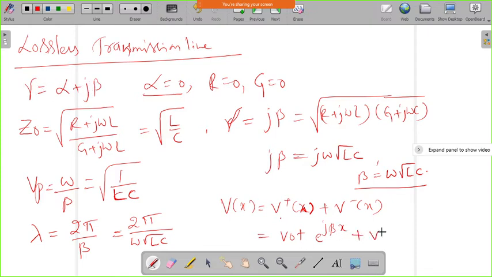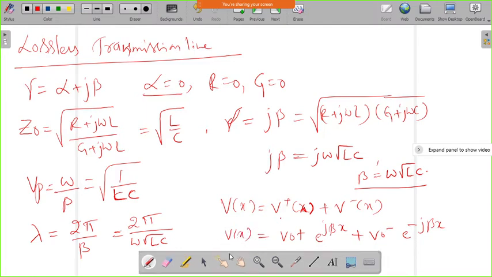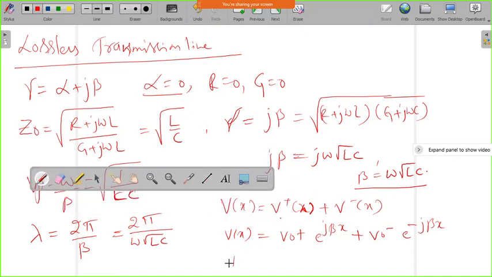Similarly, V naught minus e power minus j beta x. So this is the V of x equation, and similarly you can write the current equation for the lossless transmission line, that is I of x, which is equal to I naught plus into e power j beta x plus I naught minus into e power minus j beta x. So these are the voltage and current equations for the lossless transmission line.